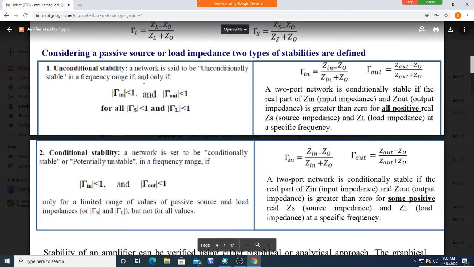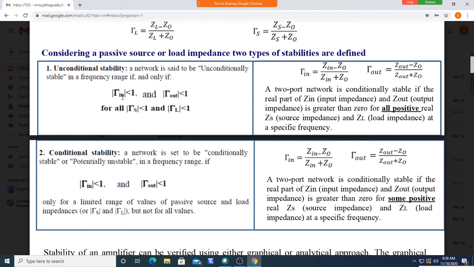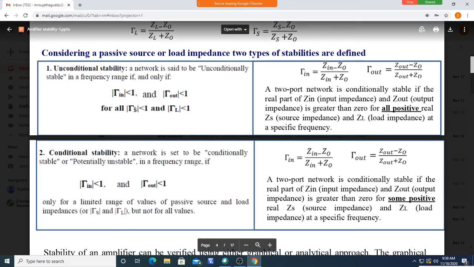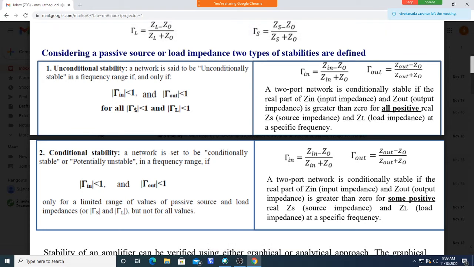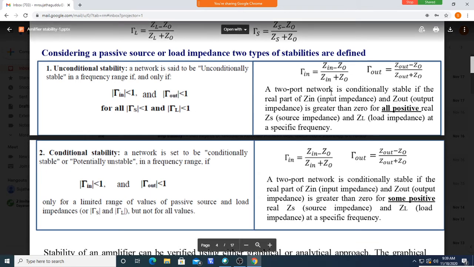A network is said to be unconditionally stable in a frequency range if and only if Γin and Γout are lesser than 1 for all Γs less than 1 and ΓL less than 1. That means the real value of Zs must be greater than zero. This condition must be satisfied. You should write this also.